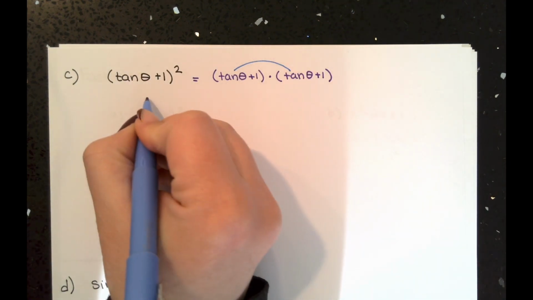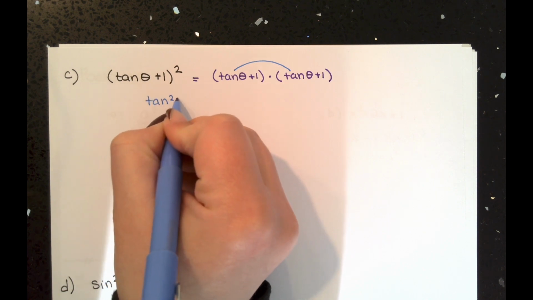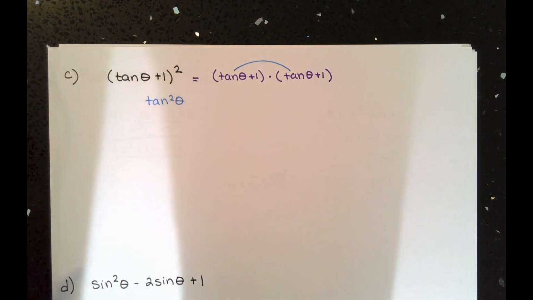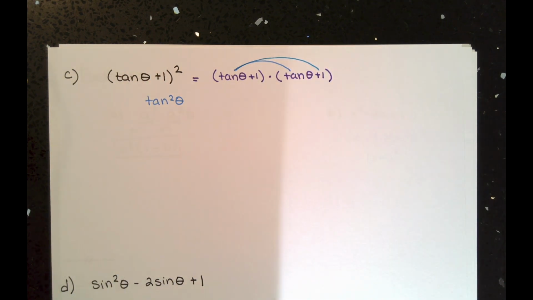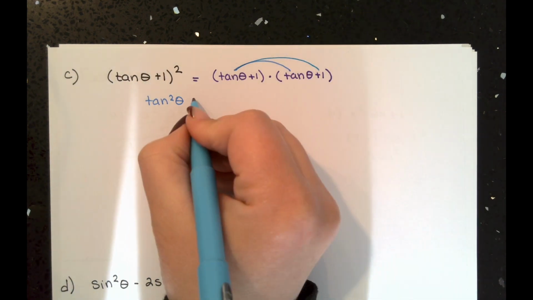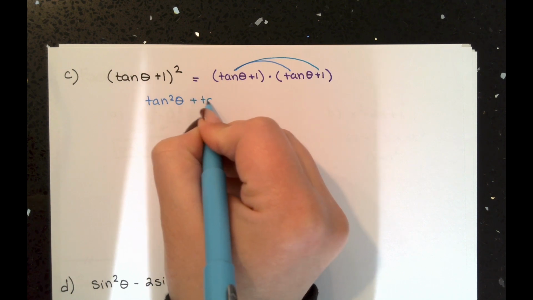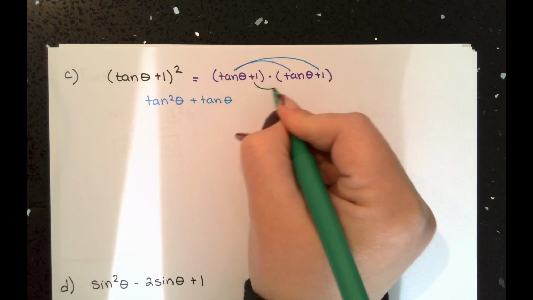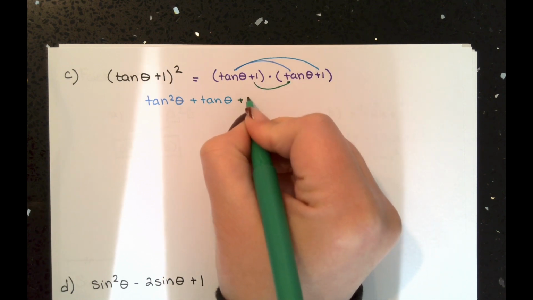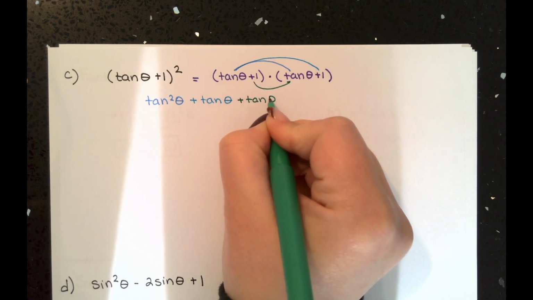Tangent times tangent is tangent squared. Tangent plus 1 times a positive 1 is a positive tangent. 1 times tangent positive is a positive tangent. Lots of tangents here.